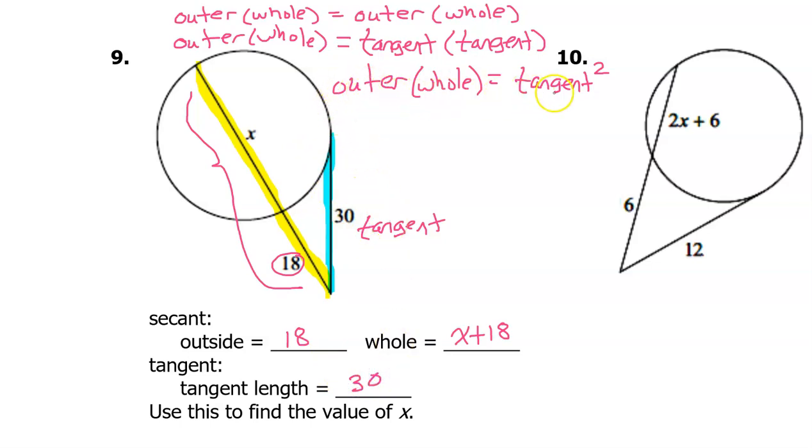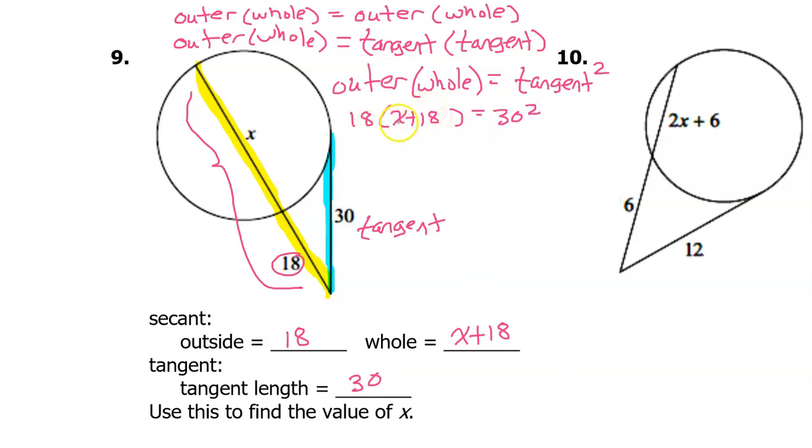So when we use this shortcut, outer times whole, that's going to be 18 times x plus 18 is equal to tangent squared. So that will equal 30 squared.